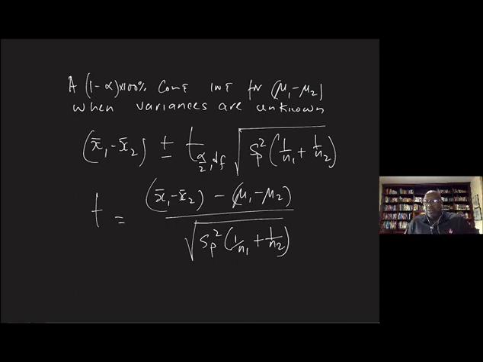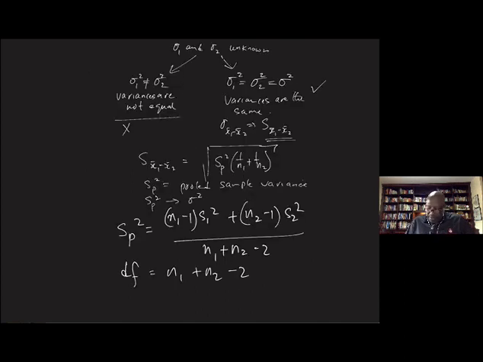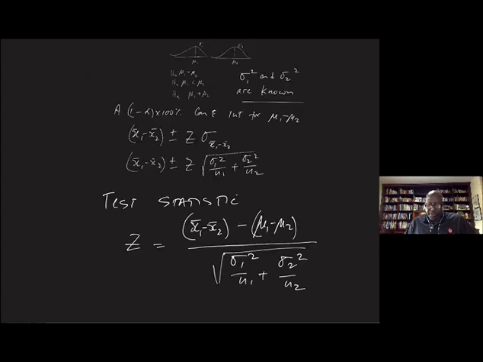So that's the information that we need for us to handle problems involving two population means. Okay? If we know the population variances, then we use what I discussed earlier. We use these values, this expression right here for the confidence interval and the test statistic.